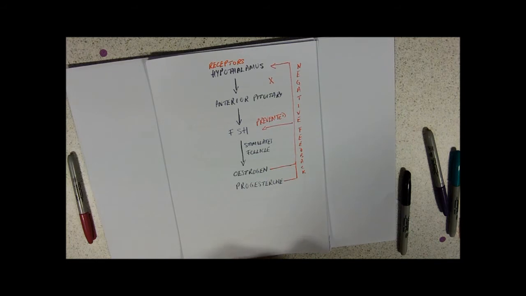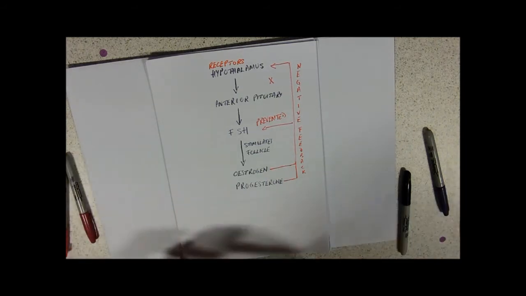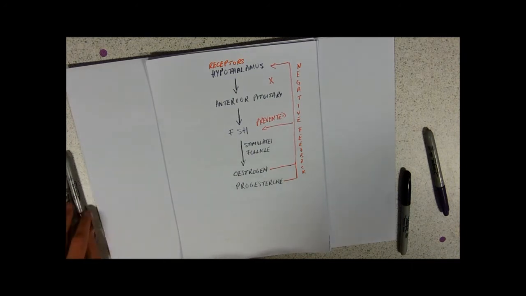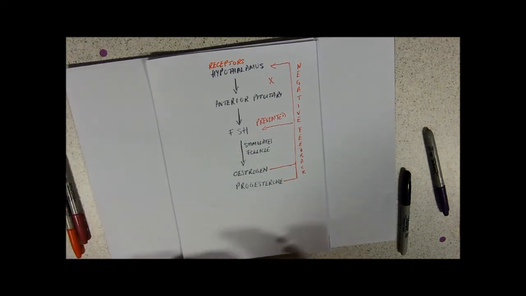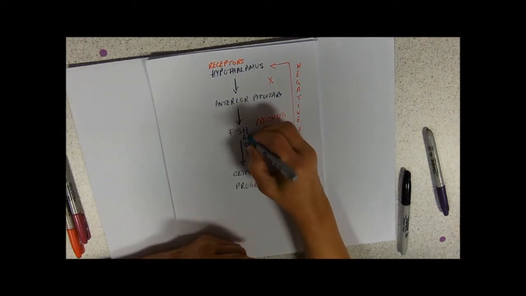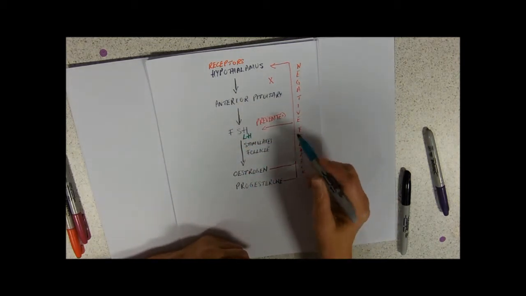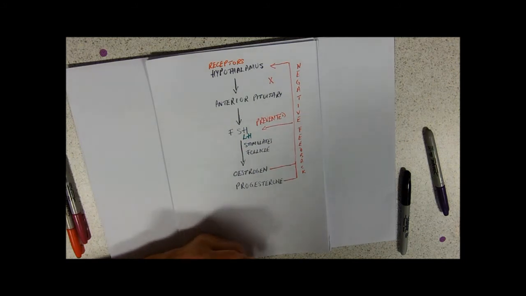Now, of course, we've got LH as well. I can't remember even what colour I did LH in. Don't care, I'm going to change my colour. So we've also got LH being released, and estrogen and progesterone are going to inhibit both of those.